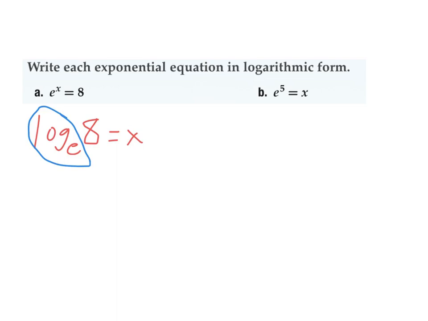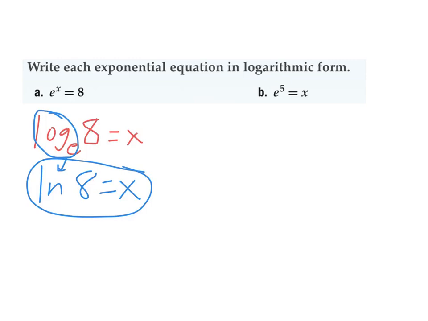So what we do, instead of writing log base E, we change that to the natural log without a base, because the natural log, that ln, means log base E. And just like when we looked at the common logarithm, when we wrote the word log without a base, and we understood that that meant log base 10, when you see this notation, ln, that means natural logarithm, which means log base E. Now, I will tell you that some of you will want to write this and then go to this, which for now is fine.